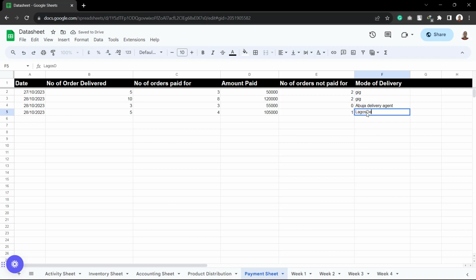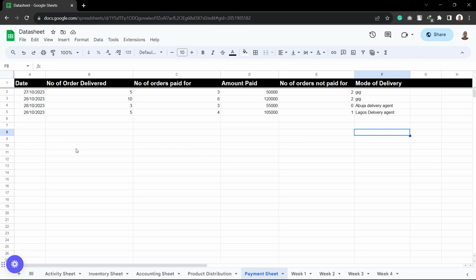So this is going to give us the daily tracking of where our money lies, and we'll be able to acknowledge their payment once the payment has been made. This is how the payment sheet is going to be used.